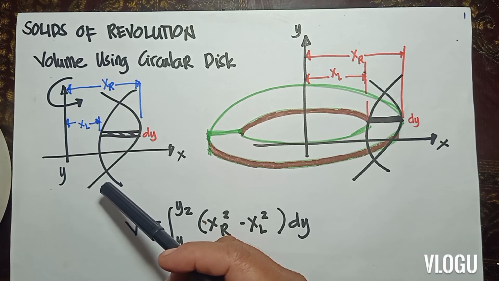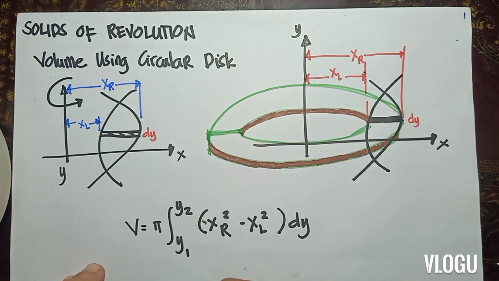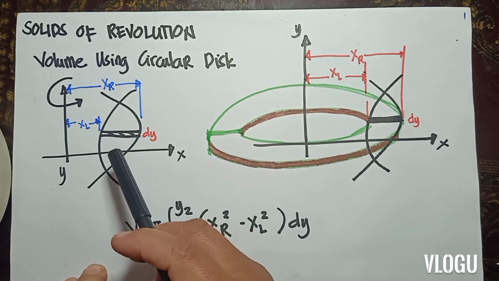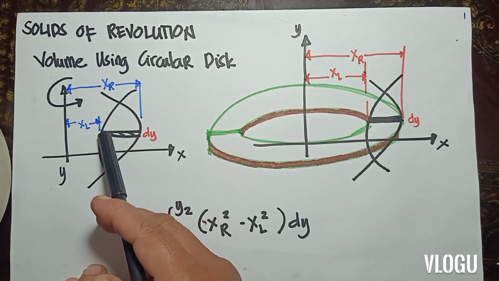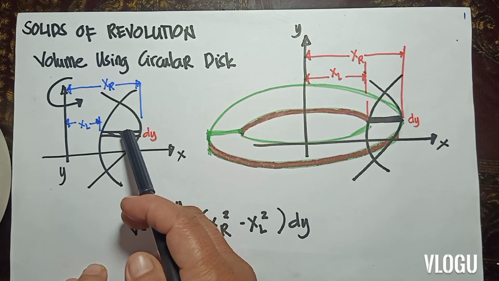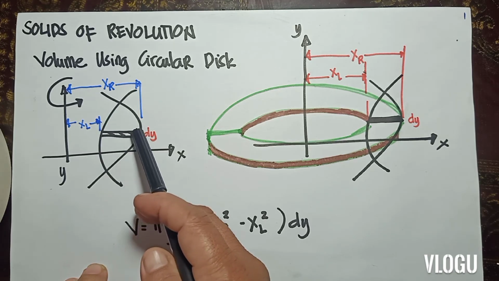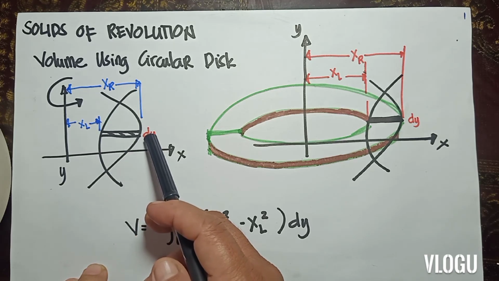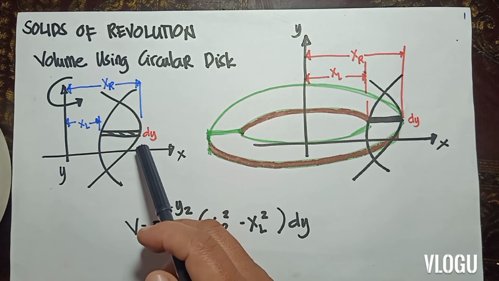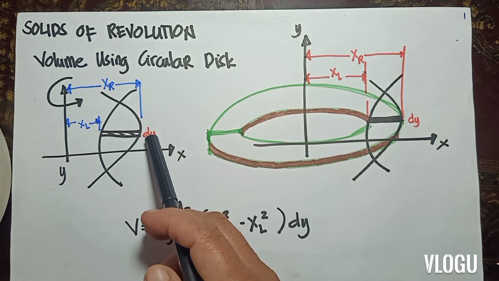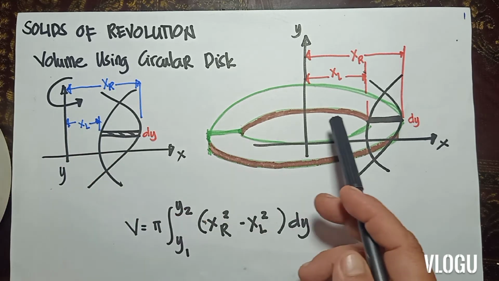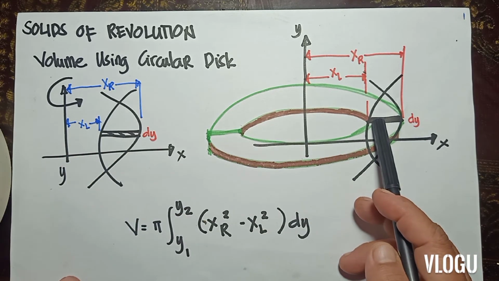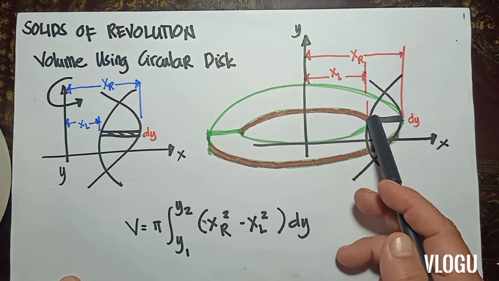So if that is being revolved about the y-axis, we are going to get a small horizontal strip. So this is now the small horizontal strip. If that is horizontal, that is a very small portion of your y, that is your dy. If that is revolved about the y-axis, we can form a disc.